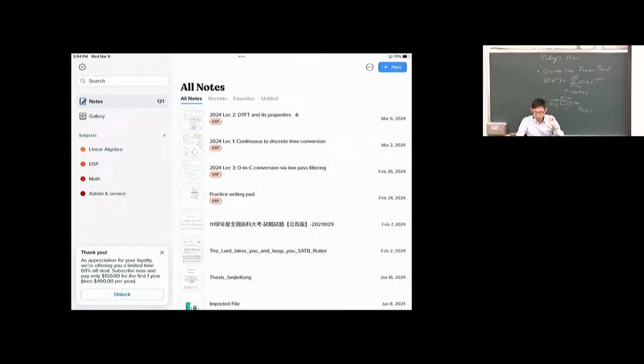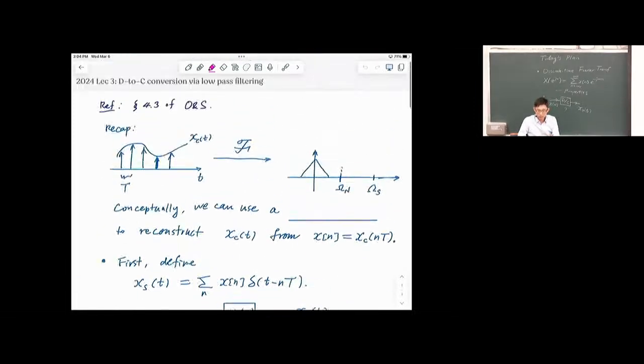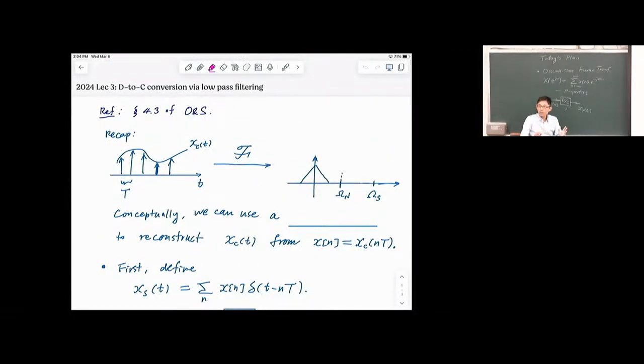Next lecture is lecture 3. Allow me to go through a highlight; we'll repeat everything next week when we officially enter this new lecture. This next lecture is going to be about D2C conversion.